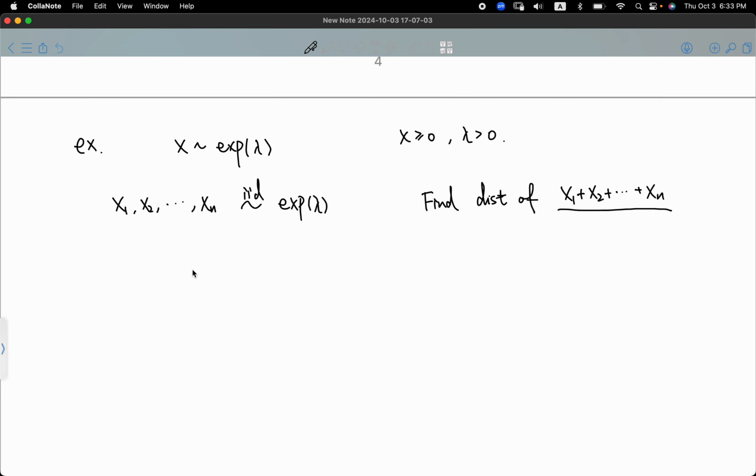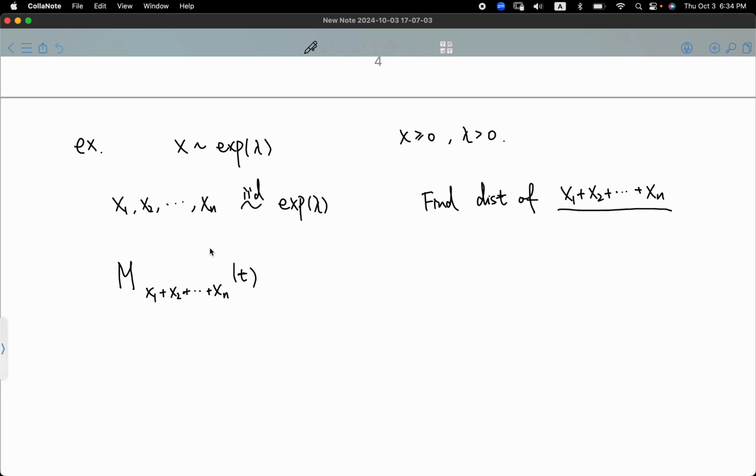Okay. So what we're going to do is to use the moment generating function to find the distribution. First of all, we want to find the moment generating function for x1 plus x2 plus all the way to xn, as a function of t.